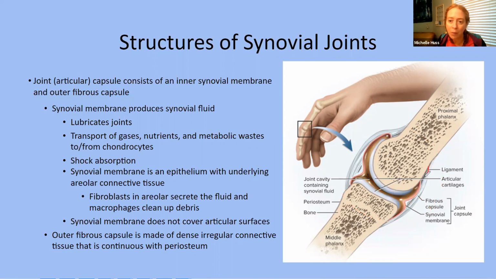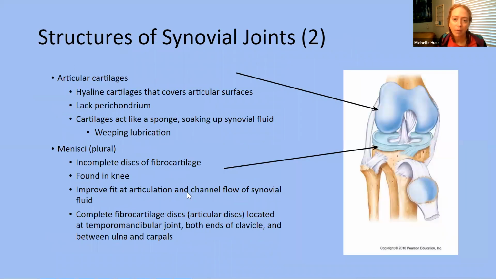So sometimes a ligament is within that joint, going from one bone to the next bone. What else? Good. This is the joint cavity in here where the fluid is. All right. Good, good. Keep going with the anatomy. So that's what we're trying to look at.